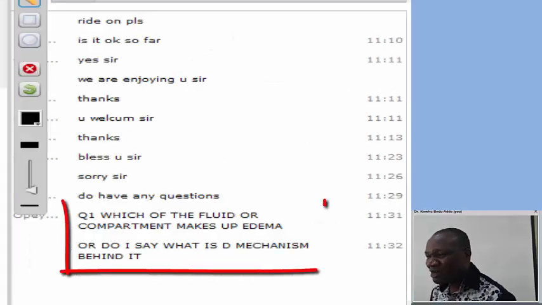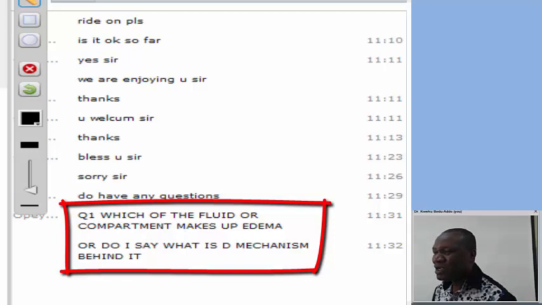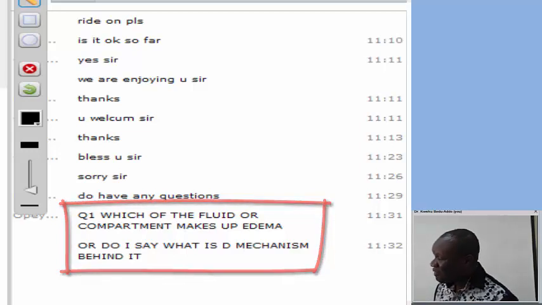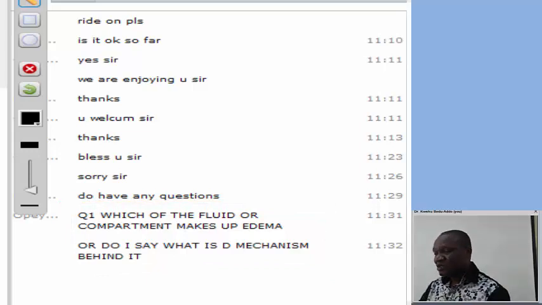Now there is a question: which of the fluid compartments makes up edema? Edema results when the uptake of fluid from the interstitial compartment is less than the filtration from circulation. You know, at the capillary bed, fluid will be moving out from blood into the interstitial space, right?